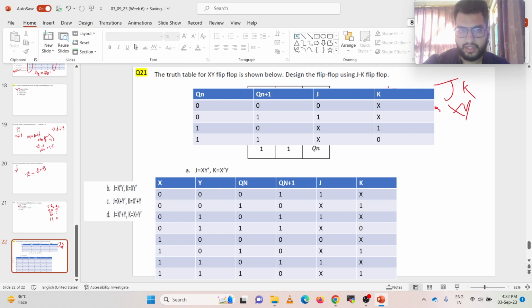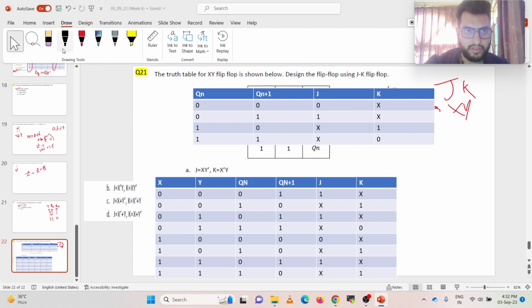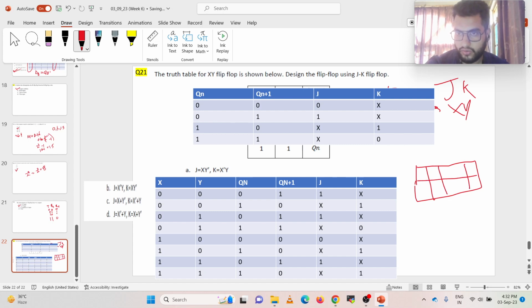Now using this I'll make a boolean table with this K-map. First for J, because we are now supposed to write the boolean expression for the available flip-flop. So first I'll write for J, so it's 1, then x, then 1, then x, then I have 0, 0, x, 0, x, x1.